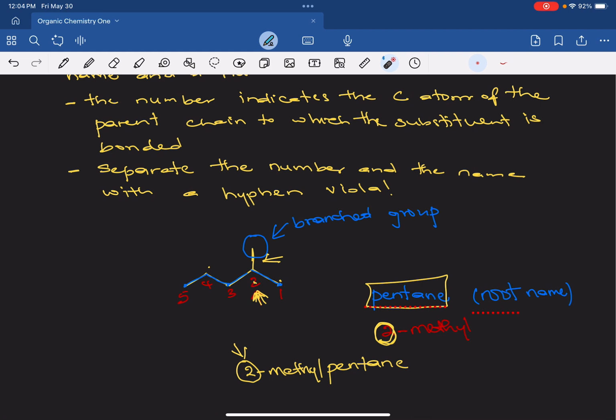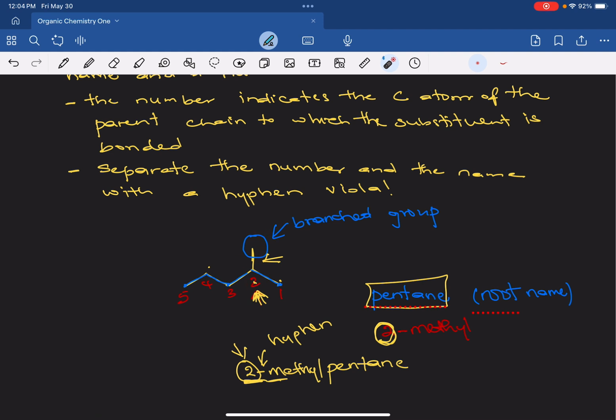Always separate a number from a letter with a hyphen. It's written here in your rules, and it tells you what the number indicates: where on the long chain you find the branch group.